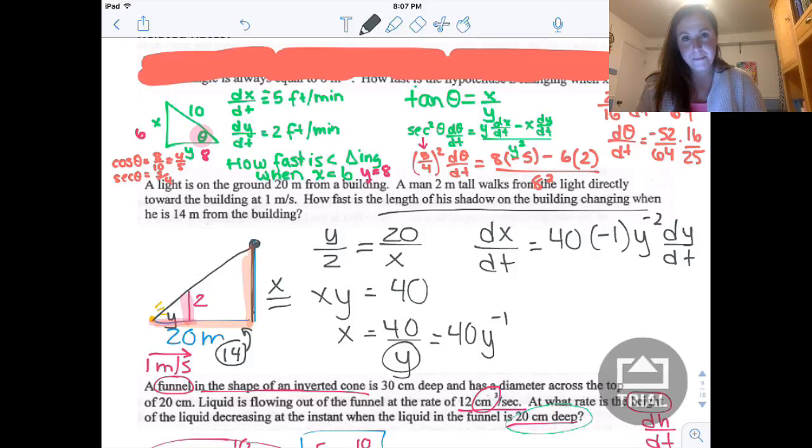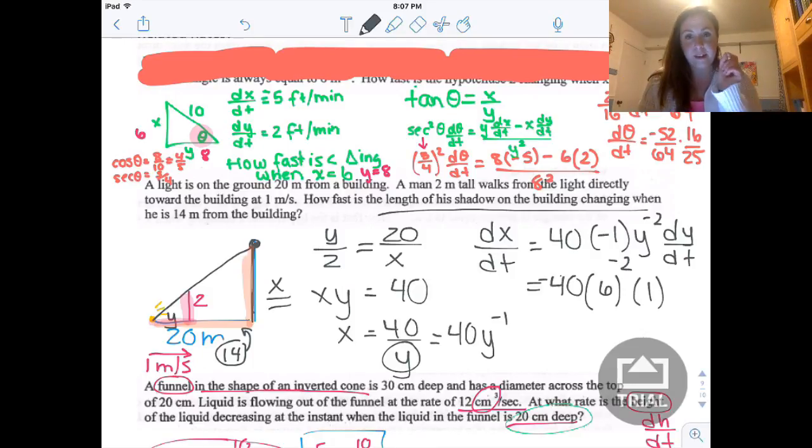Okay? Then, what do I want? Well, I want dx dt. So negative 40 really, y to the negative second. So if he is 14 away, then y is actually 6 there. And dy dt, they told me, was 1 meter per second.